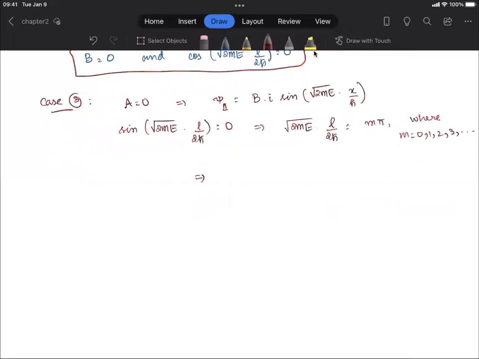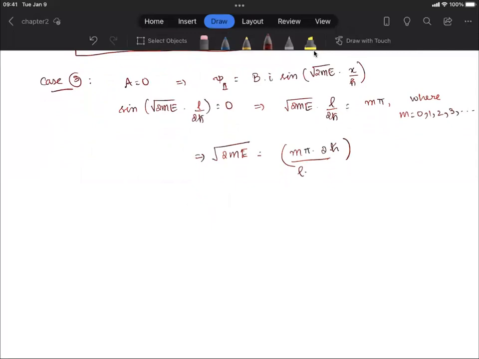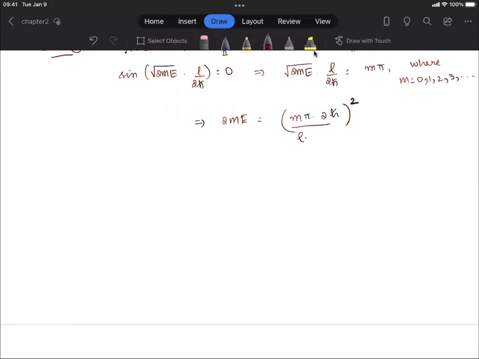Now that would give us the energy. Root 2mE is going to be n pi times 2h bar over L. Now, if I were to square both the sides, I will have something like this, right?